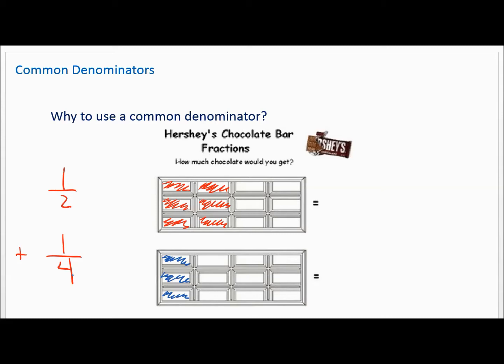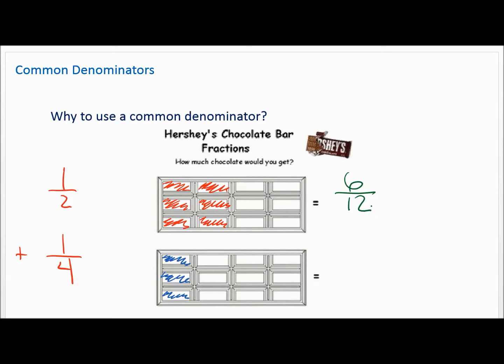But one thing we can do, if you'll notice this, is talk about how many pieces we have shaded in. So a Hershey bar has 1, 2, 3, 4, 5, 6, 7, 8, 9, 10, 11, 12 pieces, right? Well, how many pieces do I have shaded in? I have 6 out of 12 of those pieces shaded in.